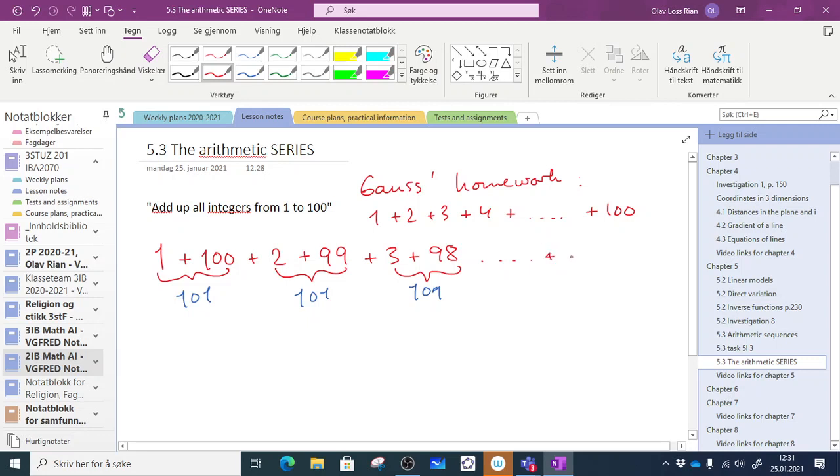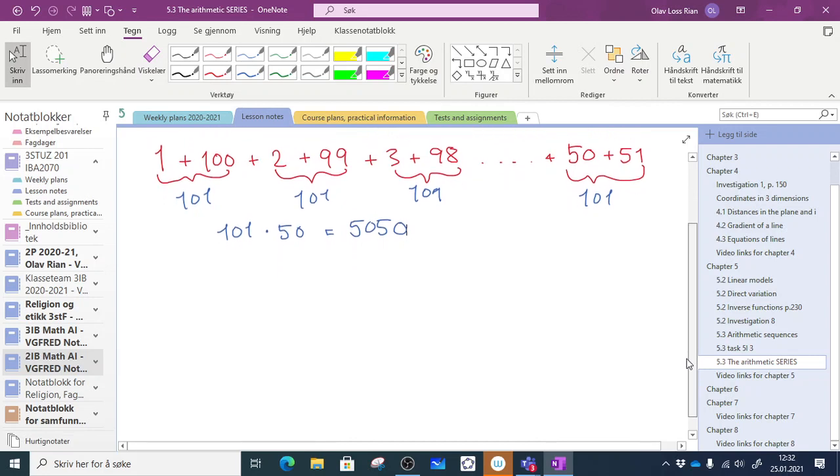The last pair is going to be 50 plus 51 because that also adds up to 101. So you have 101 multiplied with 50, which is 5,050. So easy peasy once you figure out that little trick.